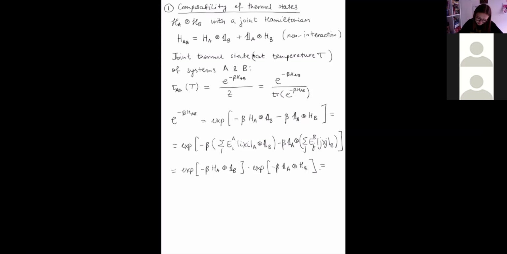Okay, and now it's rather easy. What we get here, maybe we just write it as a sum. Sum over n of minus beta to the power n over n factorial, H_A to the power n tensor identity on B. Here we have the sum over m of minus beta to the power m over m factorial, identity on A tensor H_B to the power m.